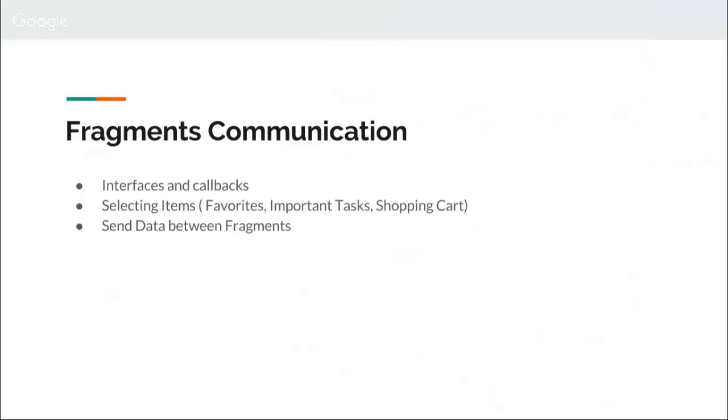Basically sending data between a fragment. Another example is like in the Gmail application, you can imagine you're using a tablet and you want to delete one of the emails, but that's the email you are actually reading on the right side of the application.